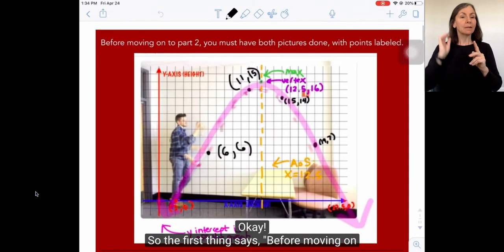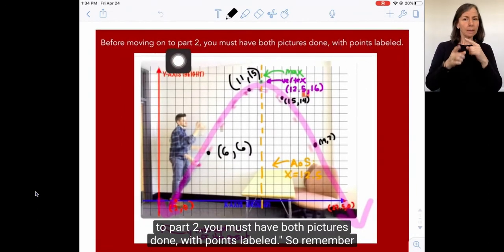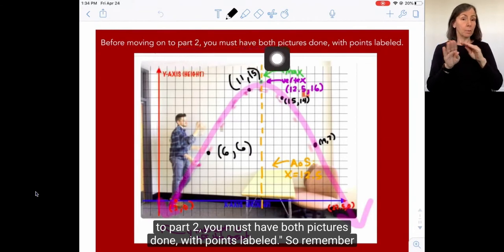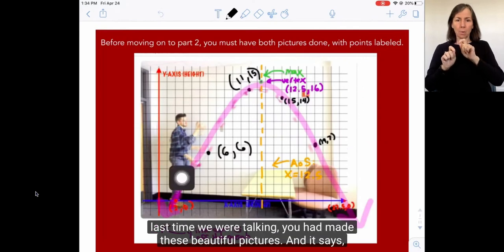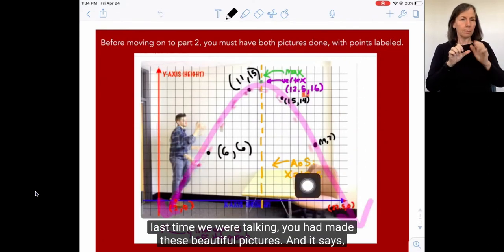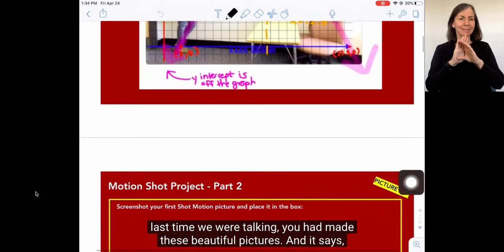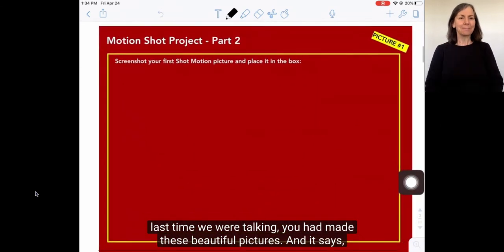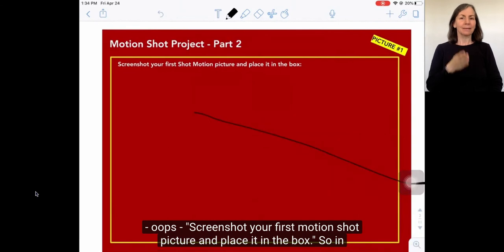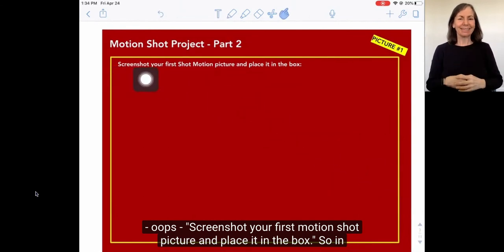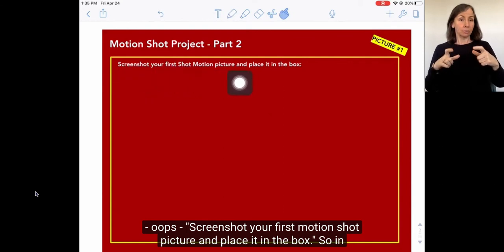So the first thing says, before moving on to part 2, you must have both pictures done with points labeled. So remember last time we were talking, you had made these beautiful pictures. And it says, screenshot your first motion shot picture and place it in the box.